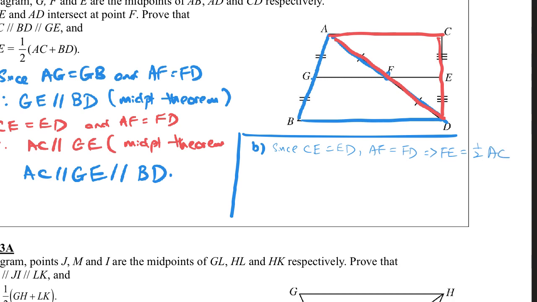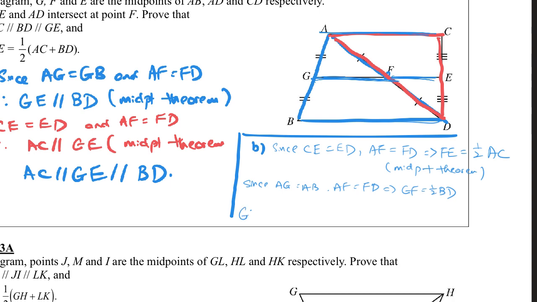Okay, from the midpoint theorem. Right, the midpoint theorem says that FE is half the length of the entire AC over here. And since that also AG equal to GB and AF equal to FD, therefore GF equal to half BD.